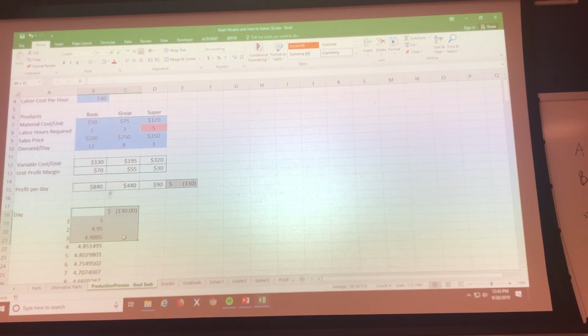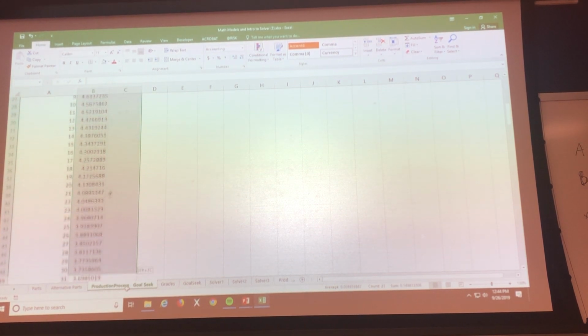So I'm gonna make this one-way data table. Notice I am not picking up the column of labels. Those are just labels, labeling day 1, 2, 3. They are not part of the table. My input column is the time that it takes, getting 1% faster each day. My output column is going to fill in with profit.